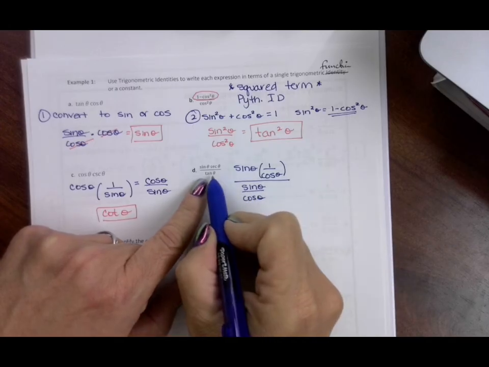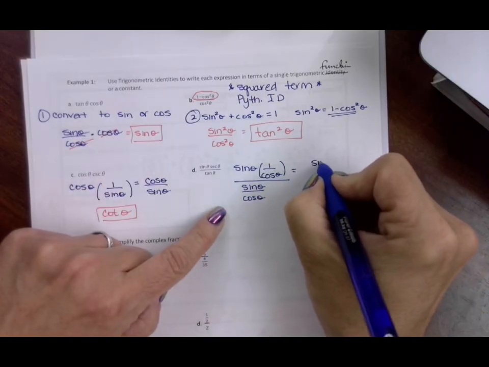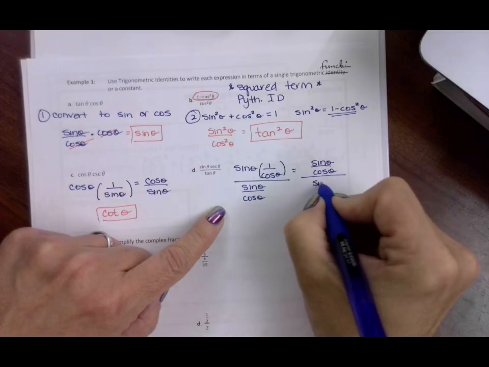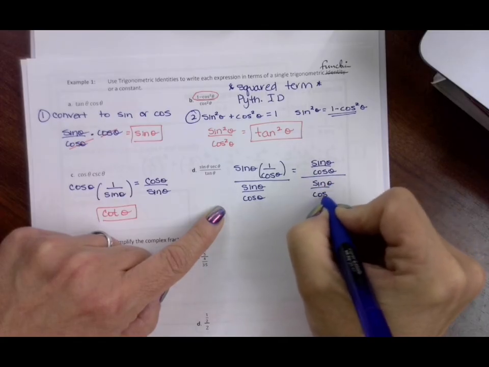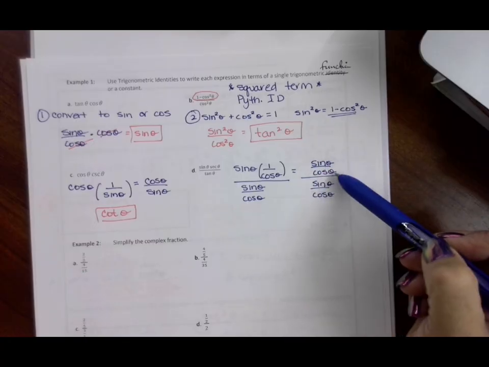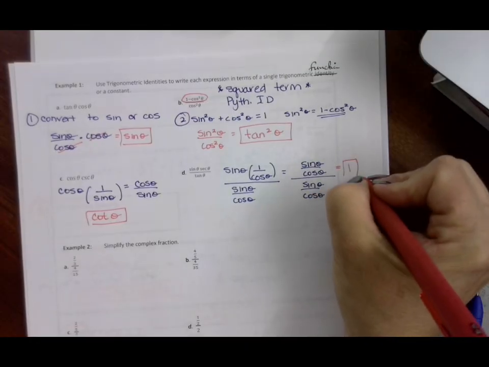So remember, I convert everything to sine or cosine. So when I multiply across the top, what you should see is that you have sine over cosine in the numerator and sine over cosine in the denominator. So all of this is just going to simplify to 1.